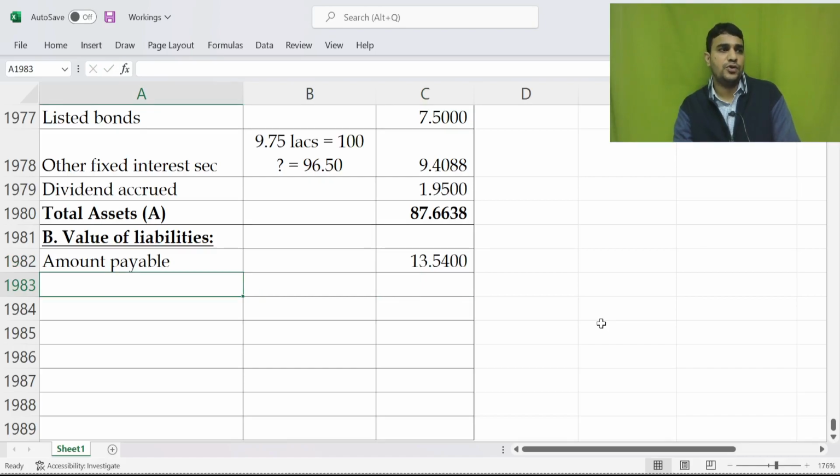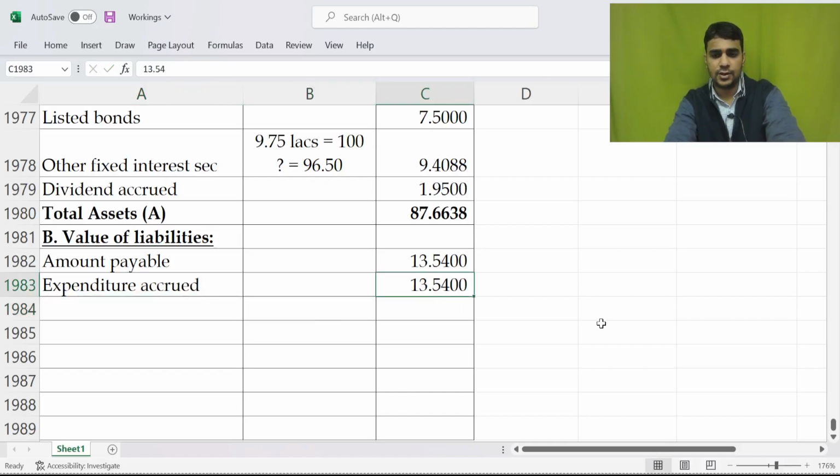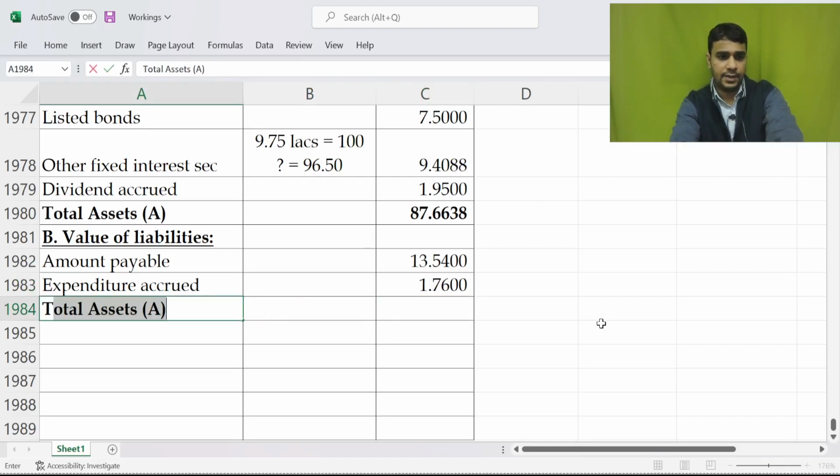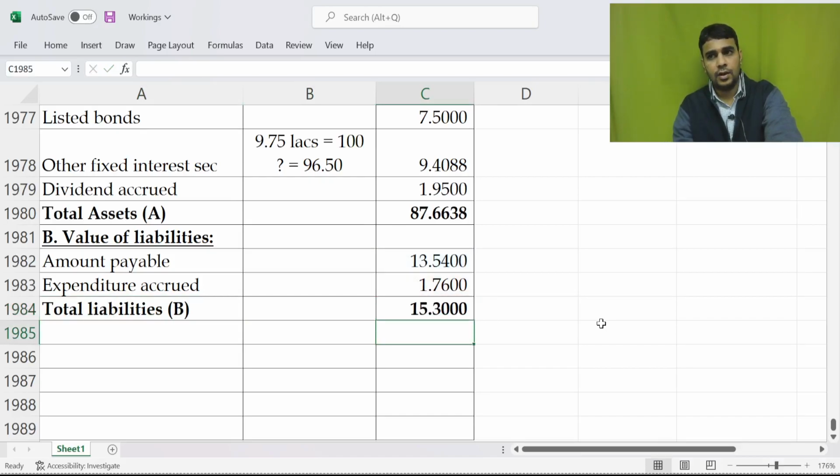Expenditure paid is of no use. Expenditure accrued, 1 point. Total liabilities is 15.3.